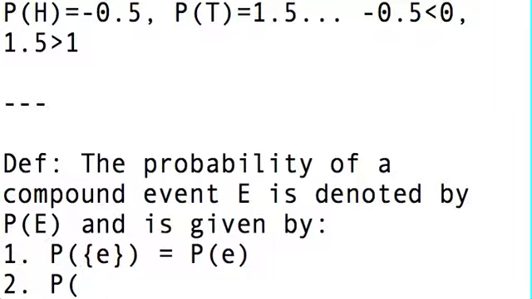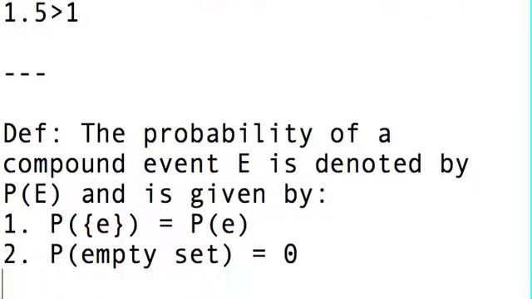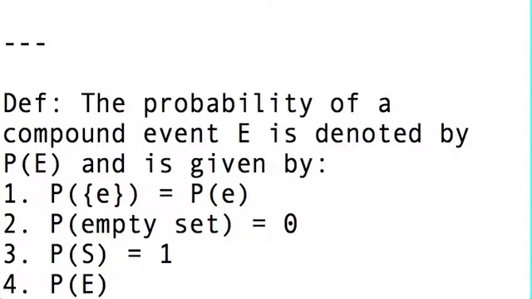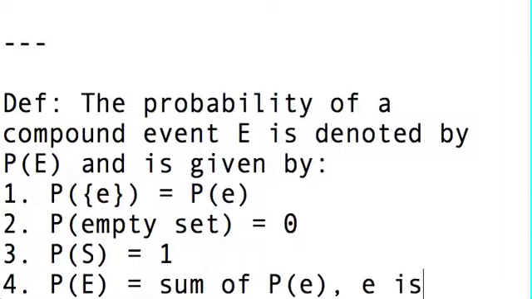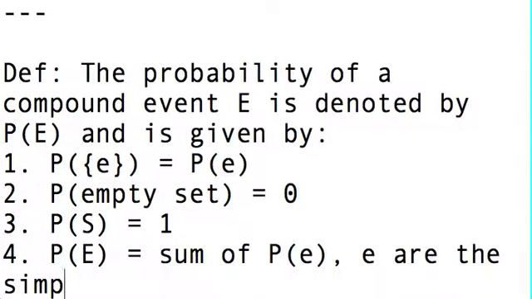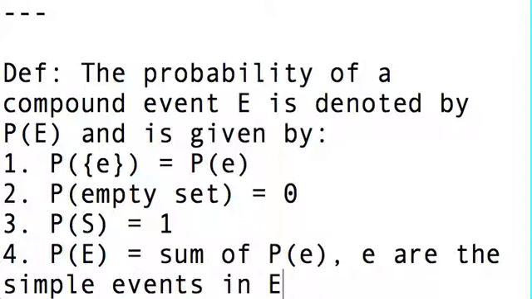If it is the empty set, the probability is 0. If we have the whole sample space, the probability is 1. And for any other event, it's the sum of the probabilities of e, where e are the simple events in E.